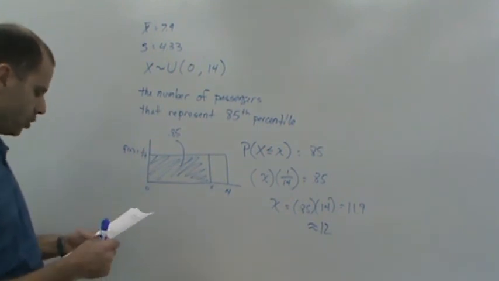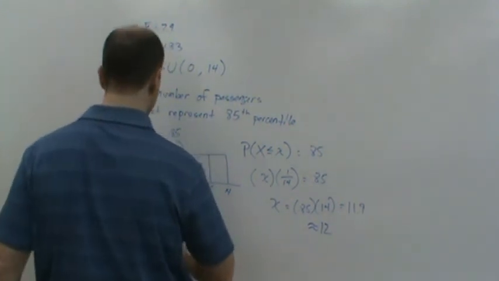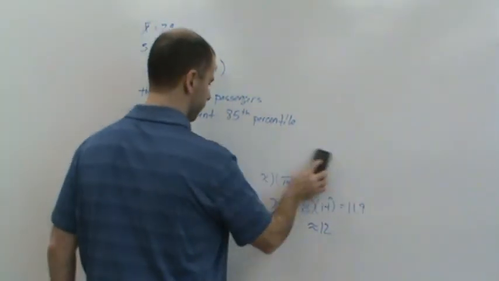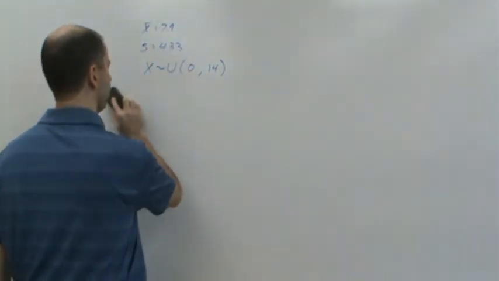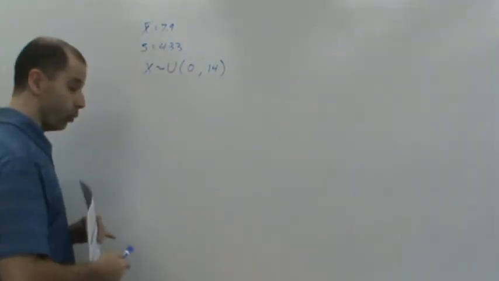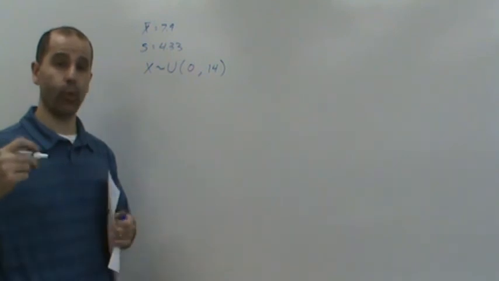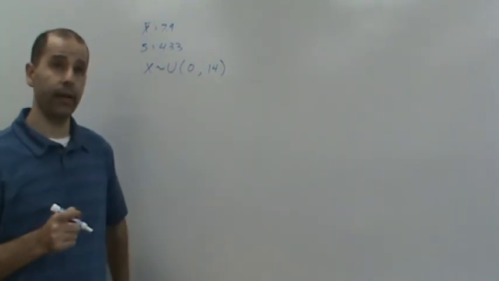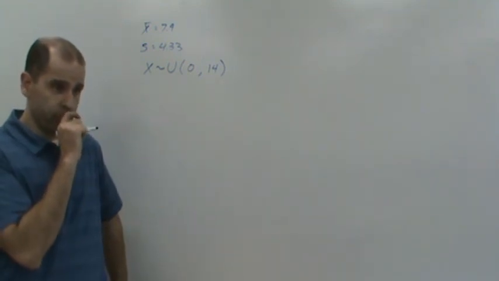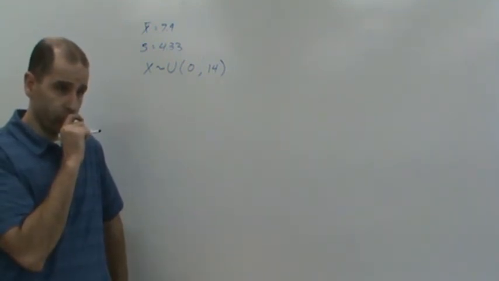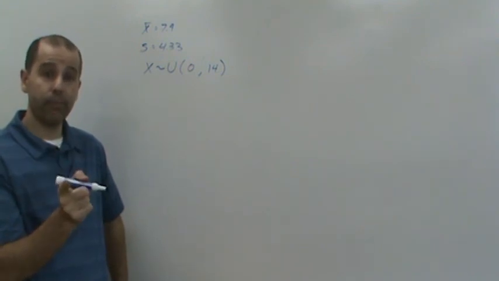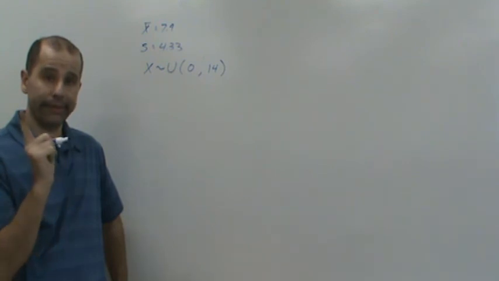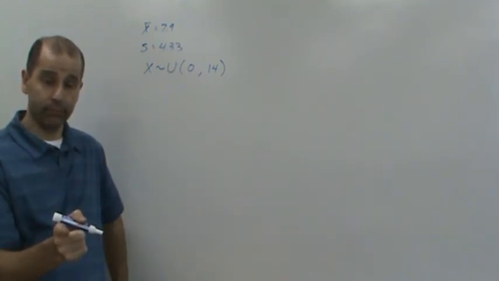Now, let's do one more with this case. Now, let's say we want to know what's the probability that a randomly selected charter is going to have more than 10 passengers if we already know that there's more than 3.